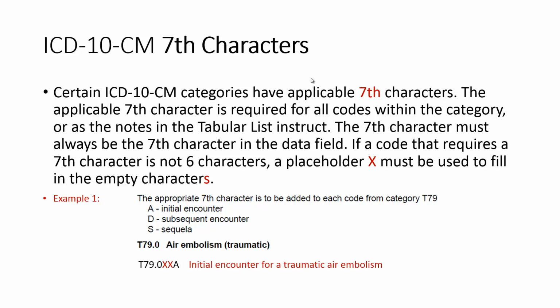So for instance, if you have T79.0, this one requires an initial encounter, subsequent encounter, or sequela. Then you would need to put XX and then the seventh extension digit.